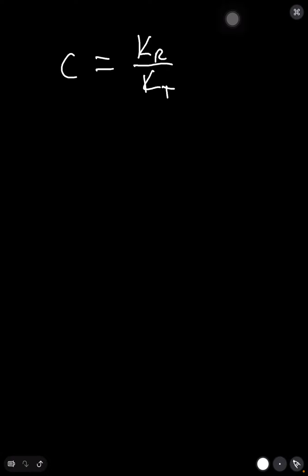The T form really doesn't like substrate very much at all, so usually Kt is going to be really, really high, and usually Kr is going to be really, really low because it really likes to bind substrate. So C is going to be pretty much always a low number, right?